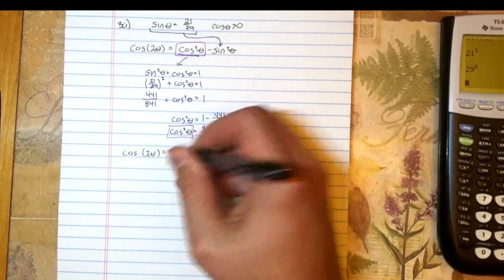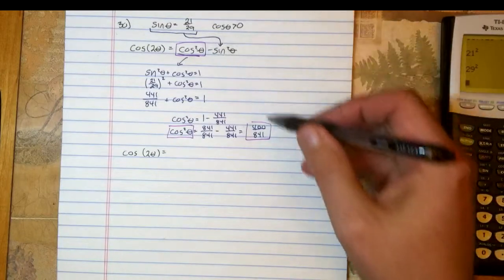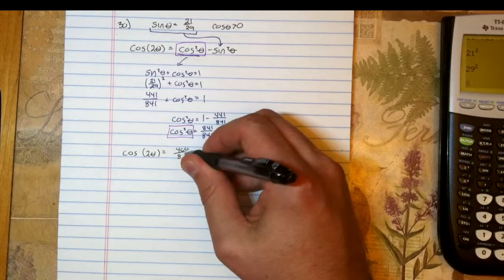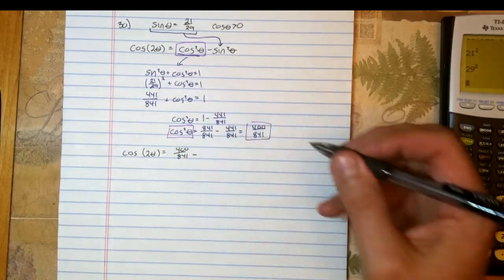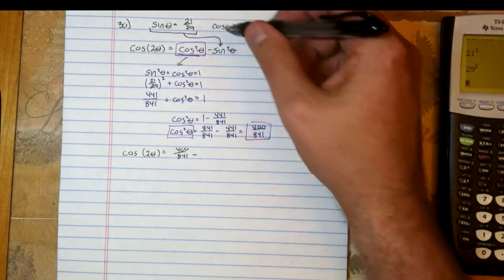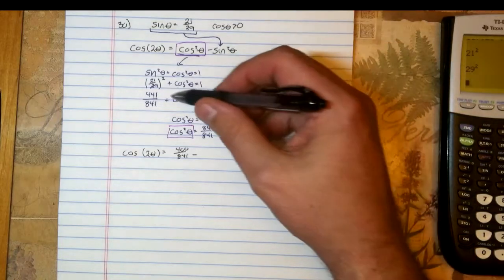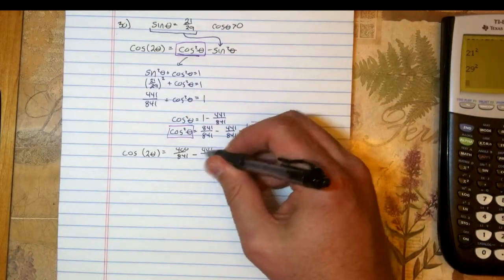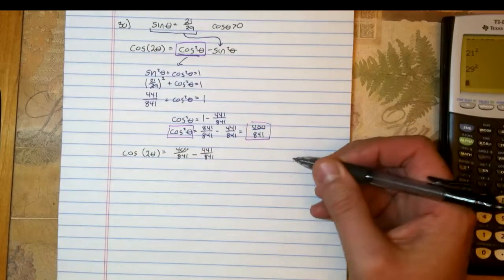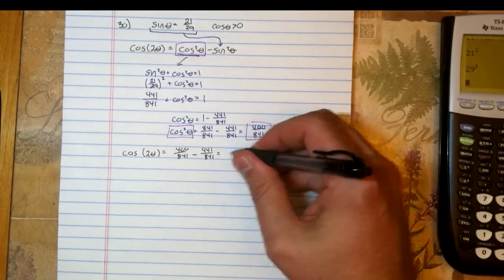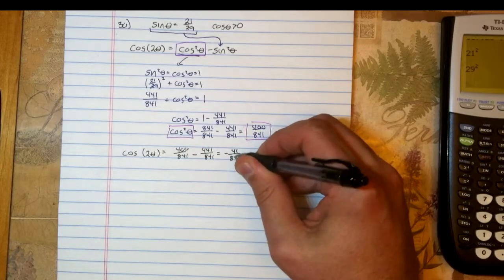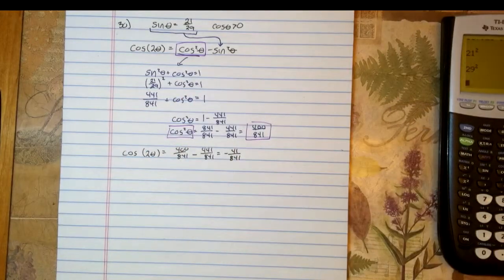So cosine of 2 theta is equal to my cosine squared theta, which is 400 over 841, minus my sine squared theta, which I know is 441 over 841. So that equals negative 41 over 841. And that's what the cosine of 2 theta is.